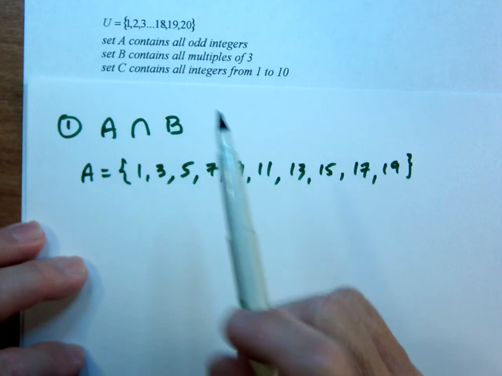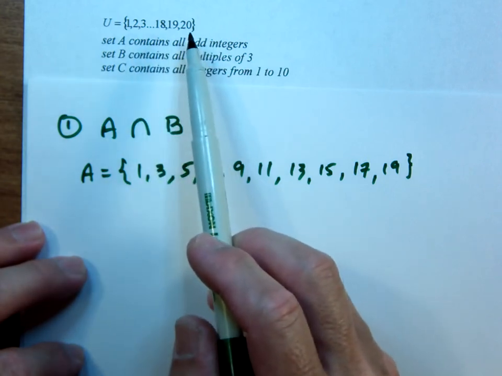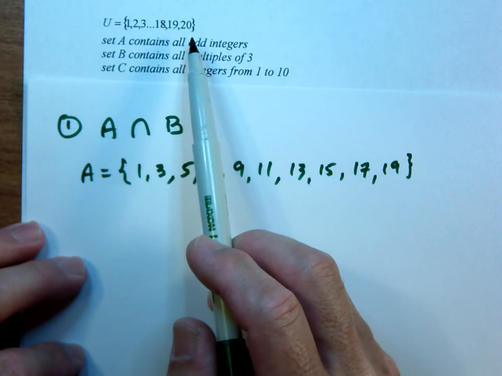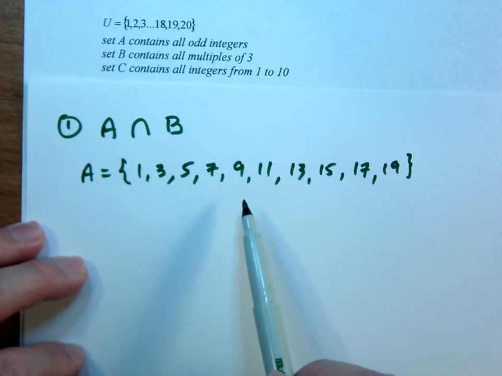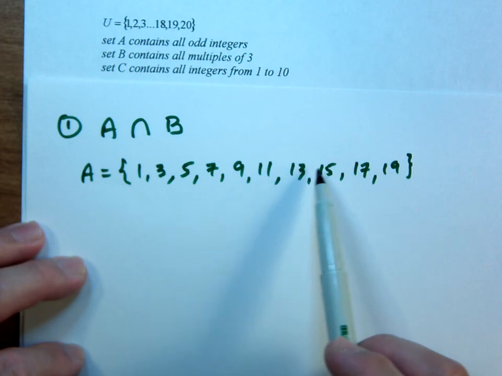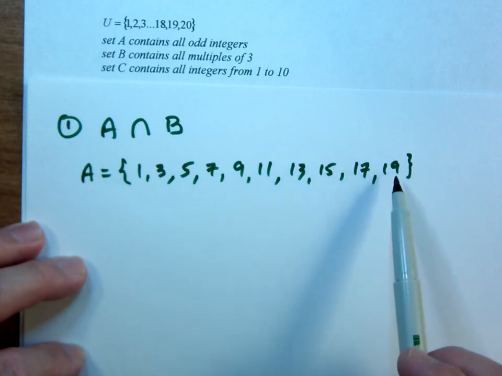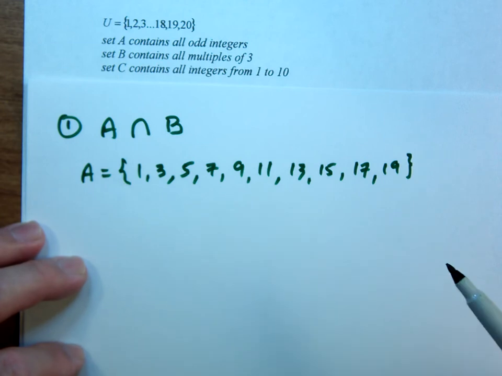Remember, we are dealing with 1 to 20, so obviously 20 numbers, and half of these are even and half are odd. So when we listed all the odds, I should have exactly 10. Let's see, 2, 4, 6, 8, 10. So that sort of guarantees that I didn't miss any.